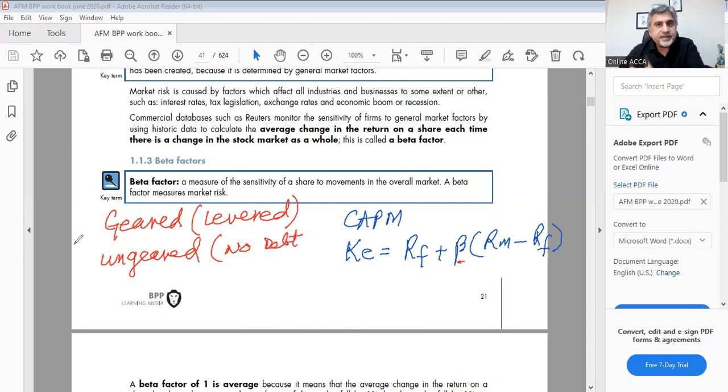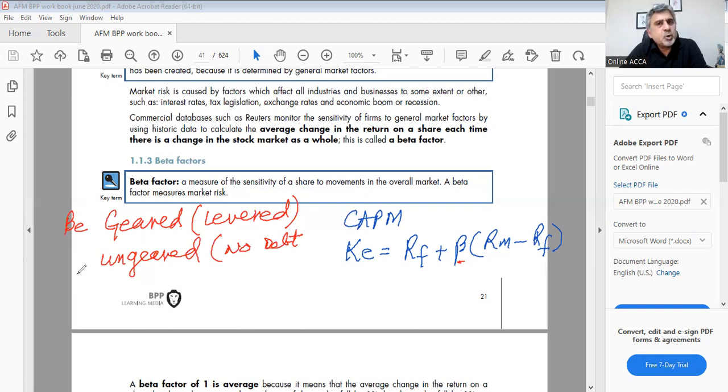So if you have a geared company, which means there is leverage, there is debt inside, then you will use that beta of equity, which has the debt component inside.